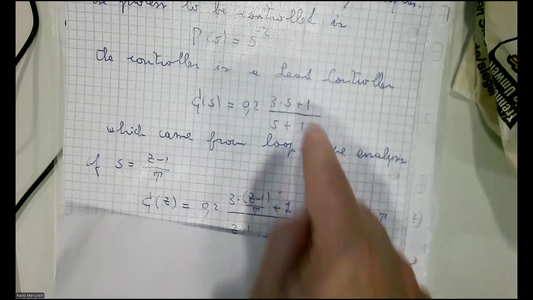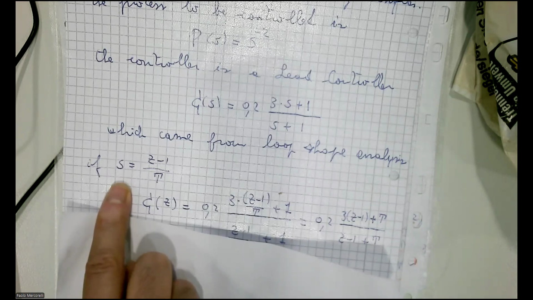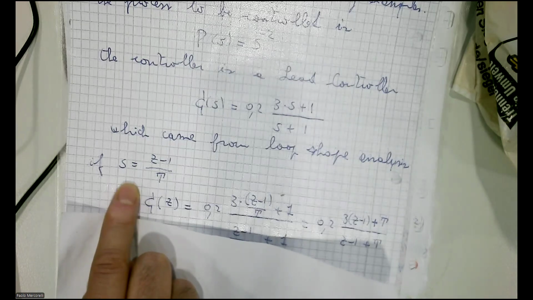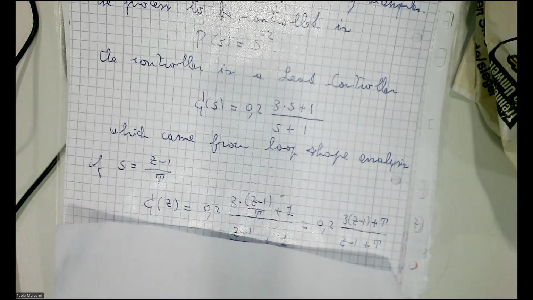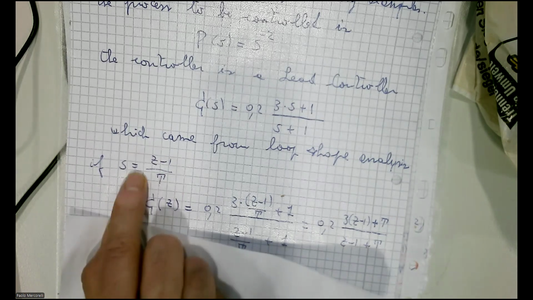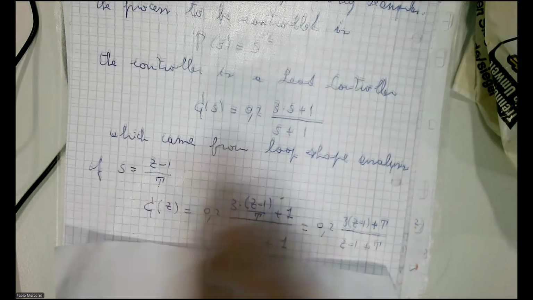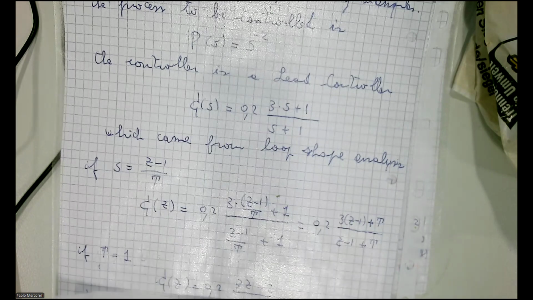This means I will approximate this controller using this approximation. I told you where this approximation comes from. Plugging in, we have this expression here as a function of T.